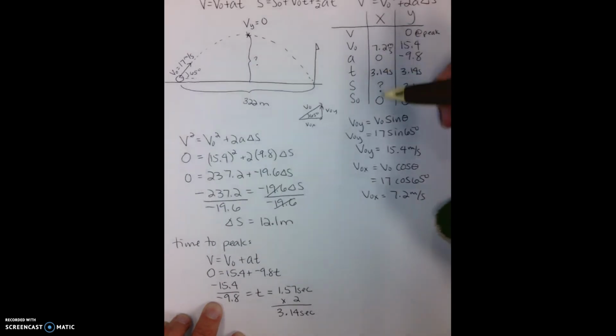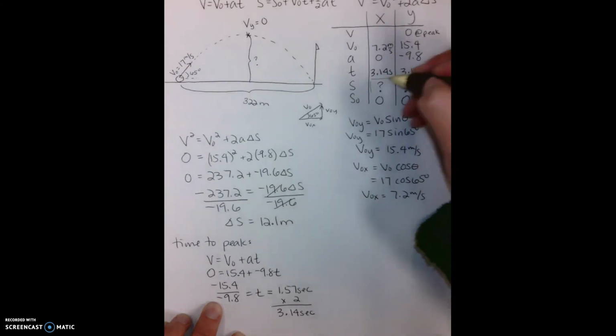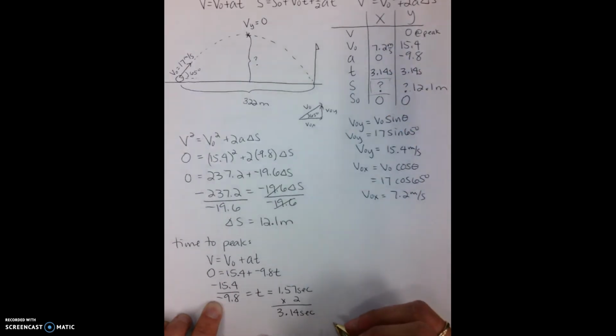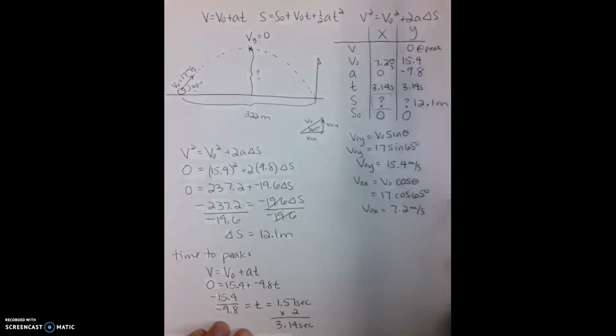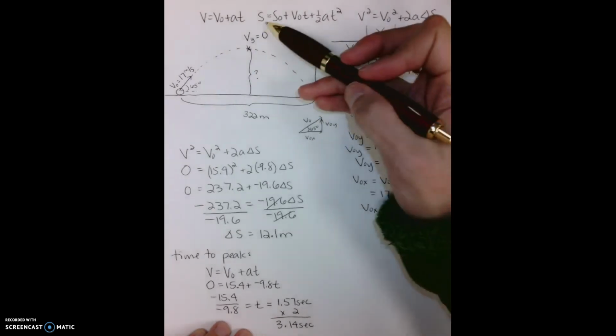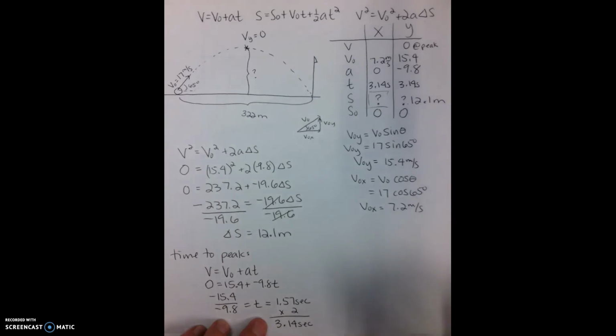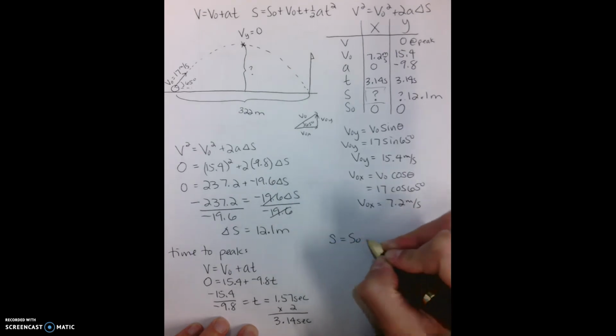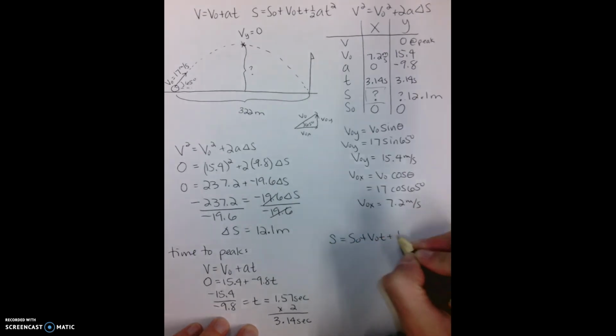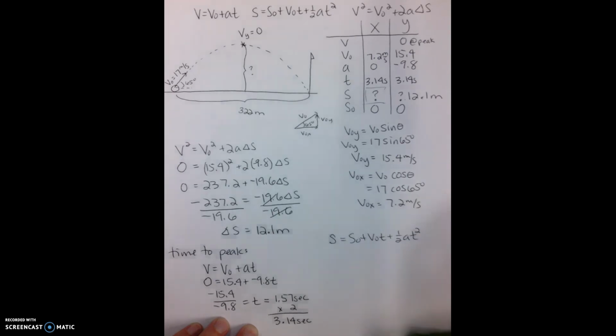Now I have enough information in this x column to see if it's going to go the 322 meters. I'm going to use the S equals S naught equation because I'm solving for that final position, and I don't know the final velocity in the x direction. So S is equal to S naught plus V0t plus 1/2 A t squared. In the x direction, the acceleration is 0, so that term drops out.